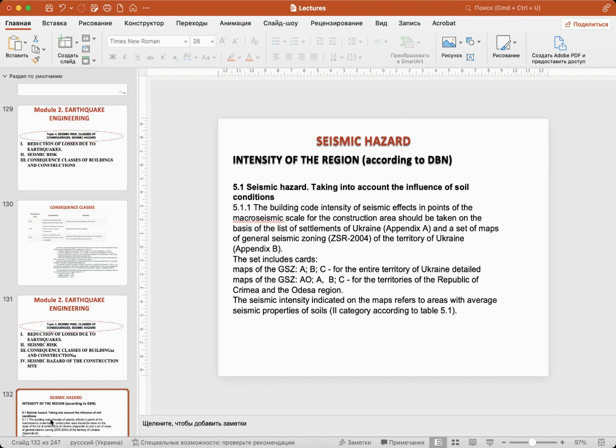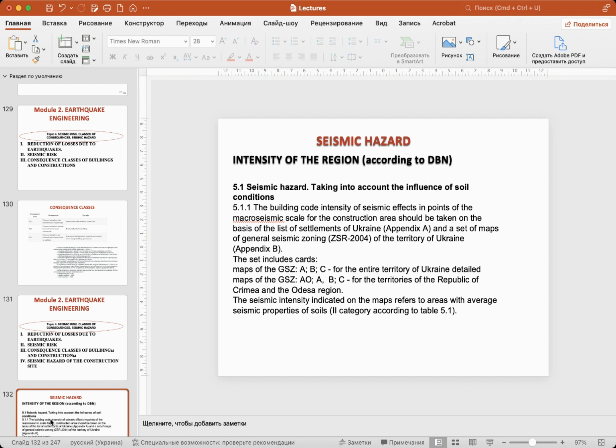For example, if we start to erect on Didriksona a new building near our academy, a new 30-floor residential or office building, it will get consequence class CC3.